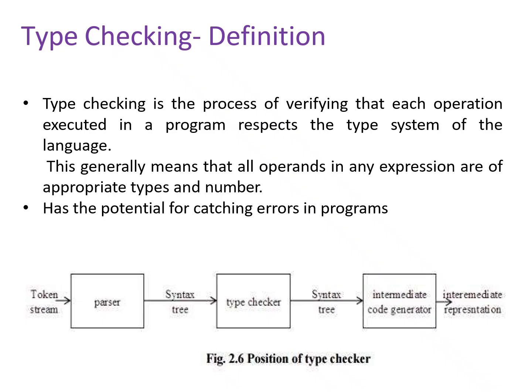If you see the position of your type checker in the phases of the compiler, you have lexical, syntax, semantic, and intermediate. It is between your syntax analyzer and your intermediate code generator. The syntax analyzer's output is a parse tree, which is given as input to your semantic analyzer, where the type checking process takes place.